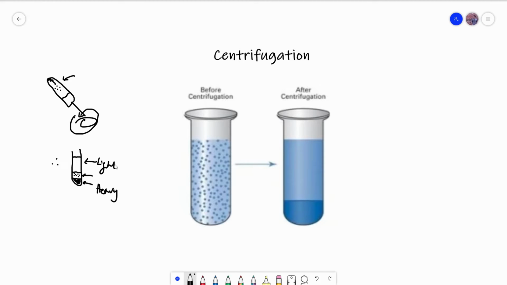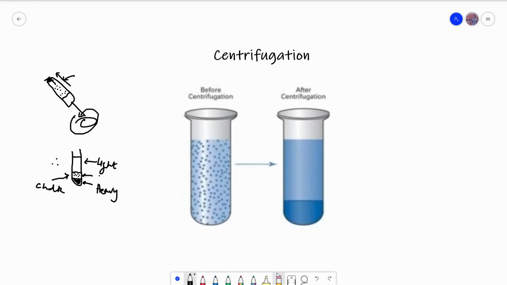Now in a centrifuge, when it's being spun around, the rock particles are going to be the heaviest, and hence they're going to fall right at the back of the tube and get collected there as the base layer. The chalk particles, which are slightly less heavy, are going to be deposited on top of those rocks, and finally the solvent is going to be above that.